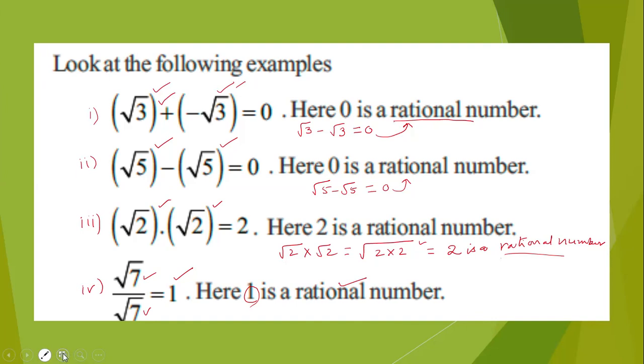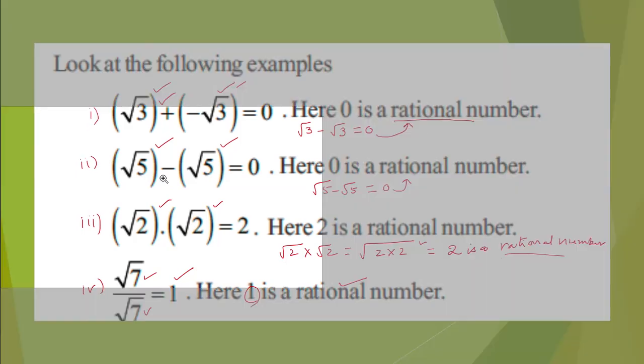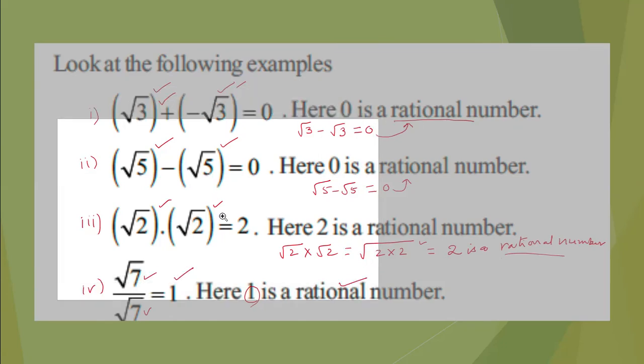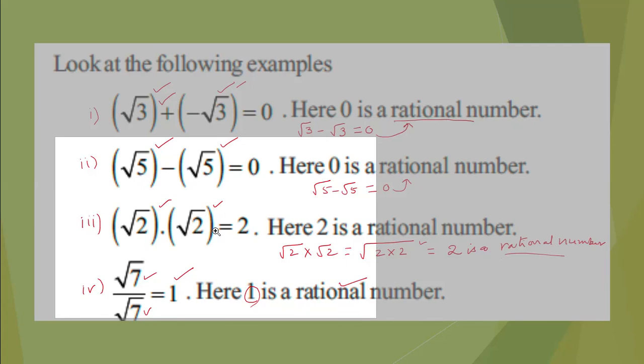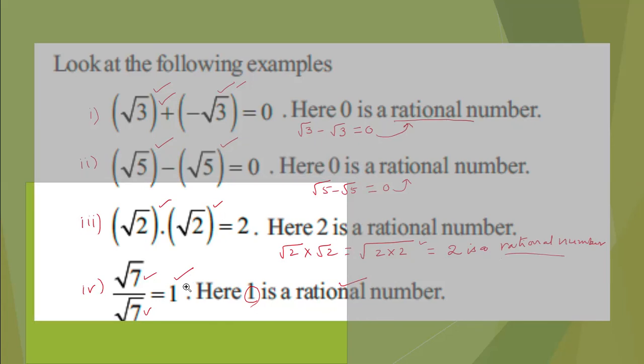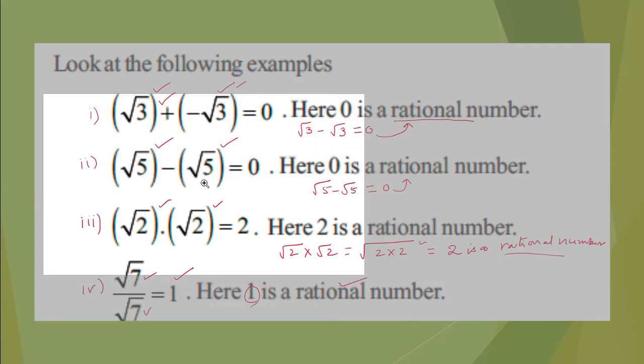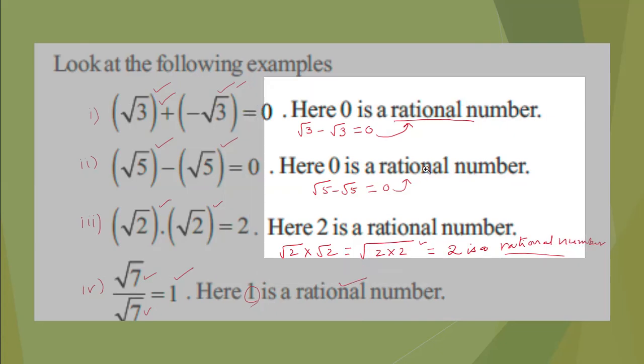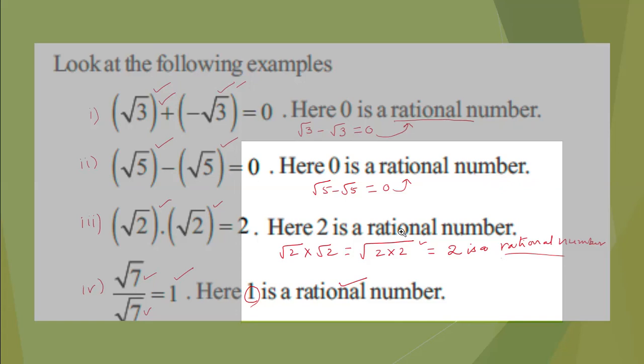In all the cases, what do you observe? In addition, subtraction, multiplication and division, in all the 4 cases, what do we get? Rational numbers.